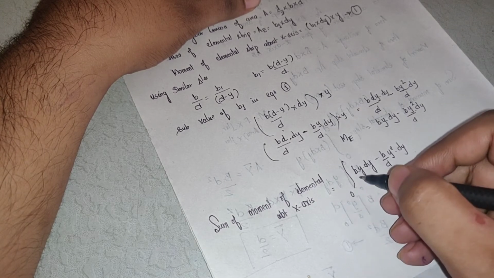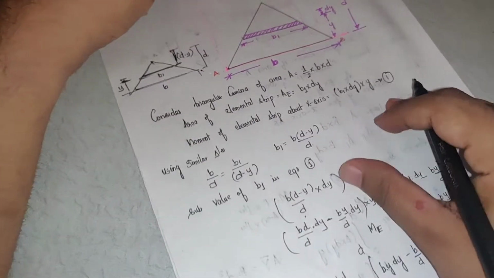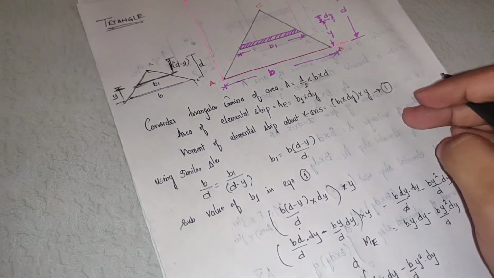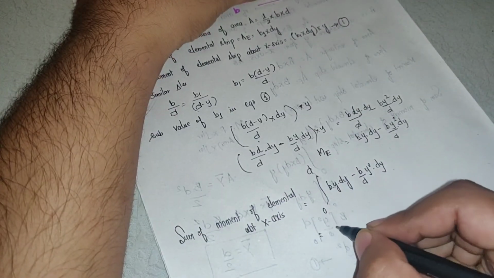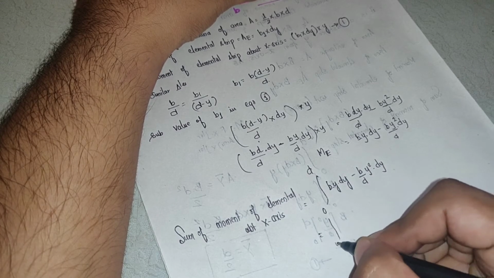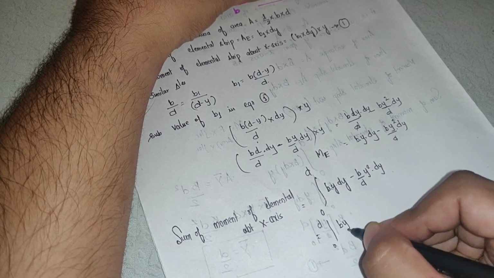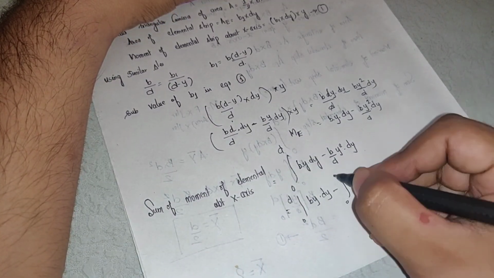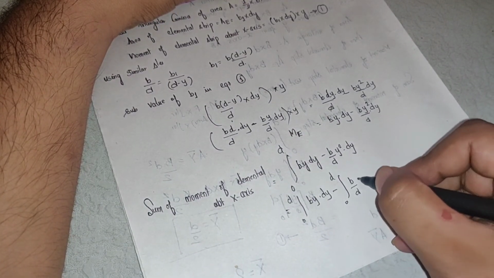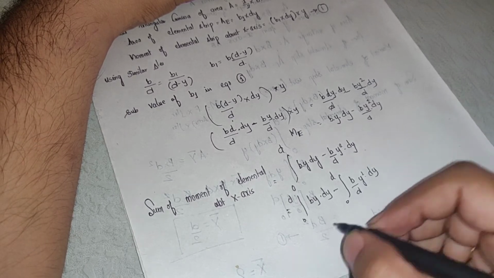The limits are from 0 to D, where D is the total height. Now I'll subtract this: integration from 0 to D of B into Y into dy, minus integration from 0 to D of B by D into Y square into dy.